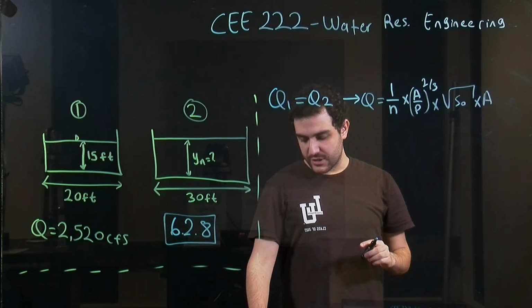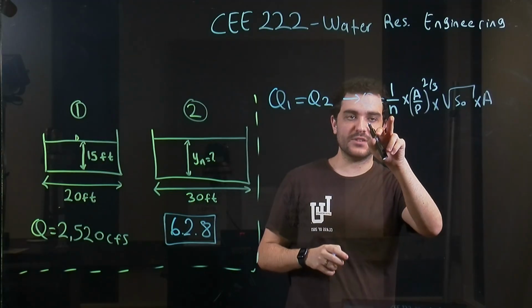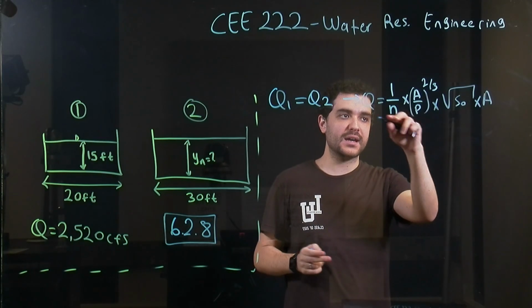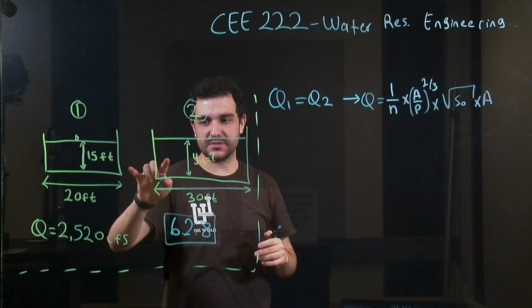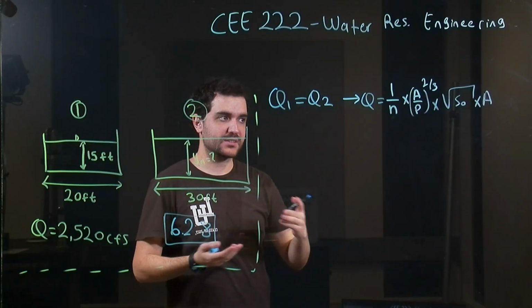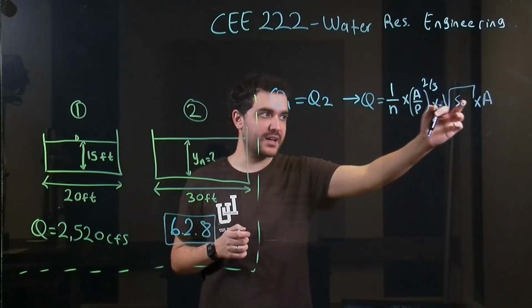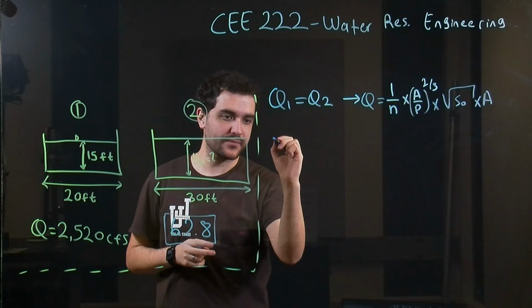And as the question says, we can assume these values as constant, so that we don't need to actually find the Manning's n coefficient, and also we don't need to find the channel slope, because they are constant in both of these channels, so that we can ignore them. However, we need to find the area and perimeter for these channels.